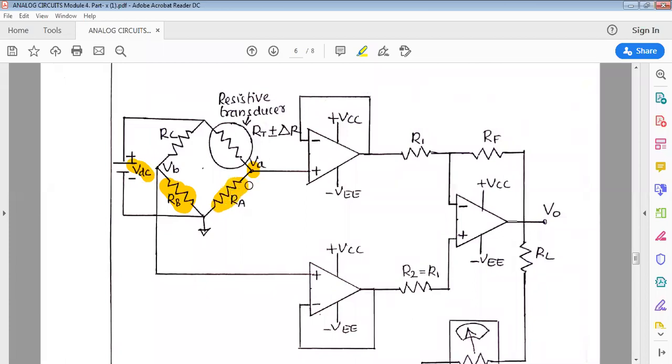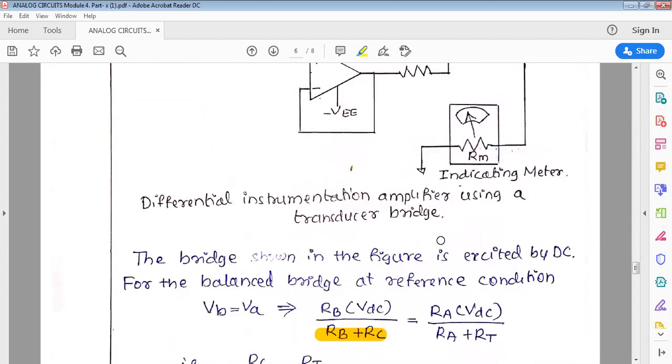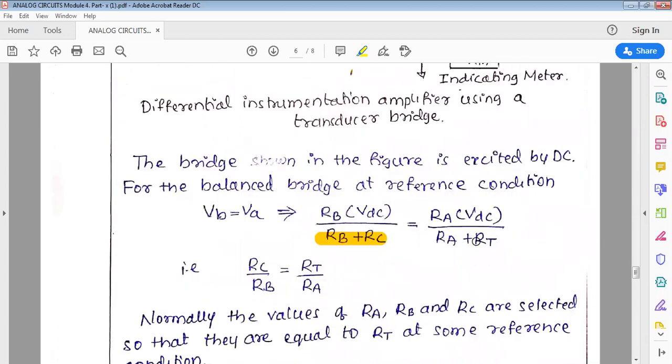Now, the current will flow in this way also. The overall resistance of the path is RA plus RT plus or minus delta R. So I'll consider only RT here because I'm not considering any changes. So VDC divided by RA plus RT will give me the current value.